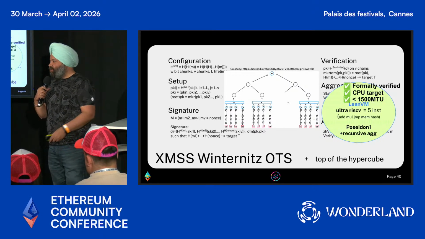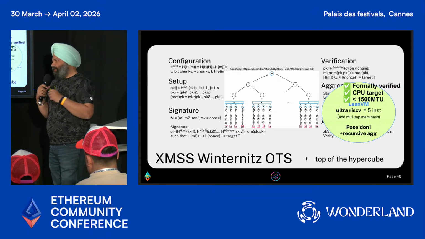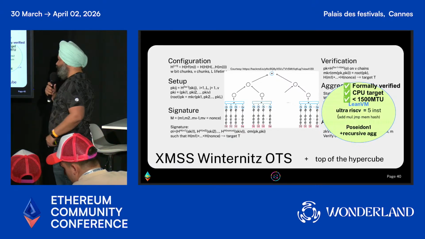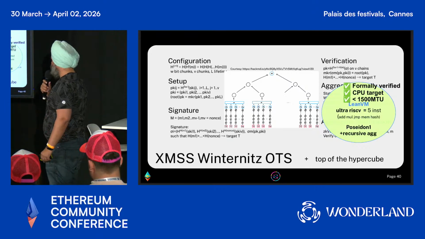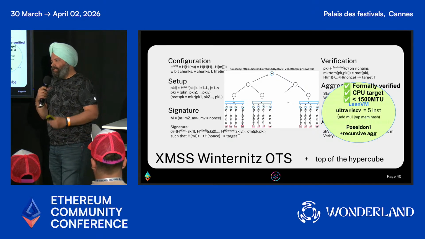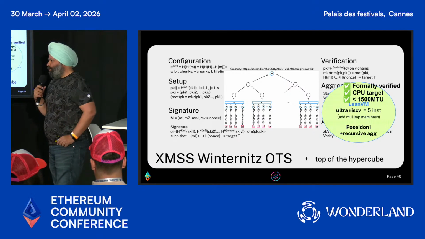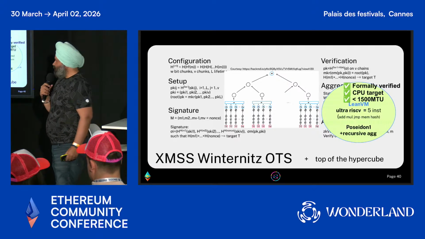The aim is to have this LeanVM formally verified. And we don't want to say that if you are an aggregator, you need GPUs to run. So CPU is still the target. And we want the final size to be less than 1.5 KB so that we can use a single packet to transmit it.